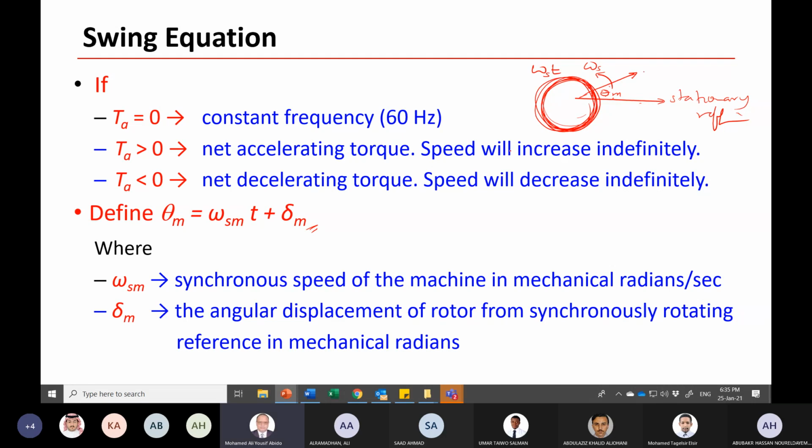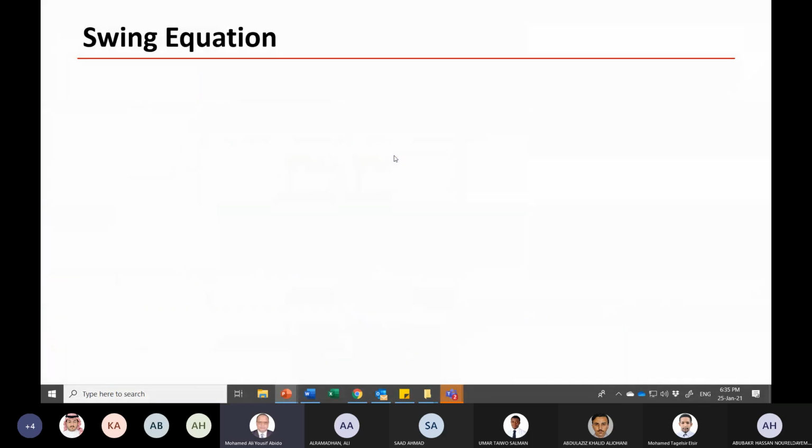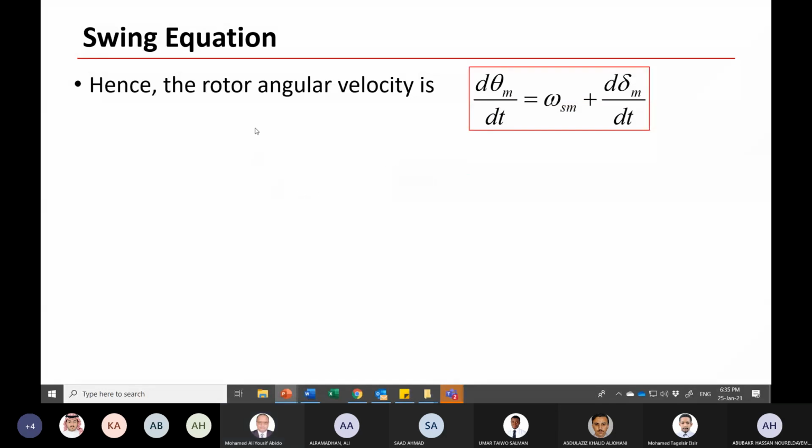So if you relate this angle not to the stationary reference, but to the synchronously rotating reference, you can write, as a derivative of the previous equation, d theta by dt equal to omega plus d delta by dt.